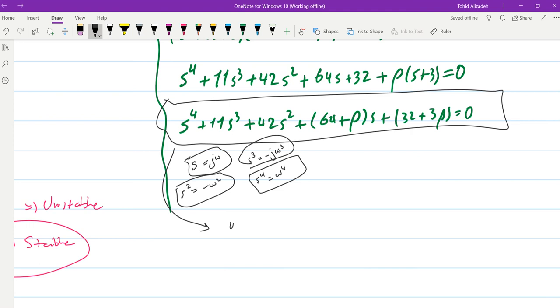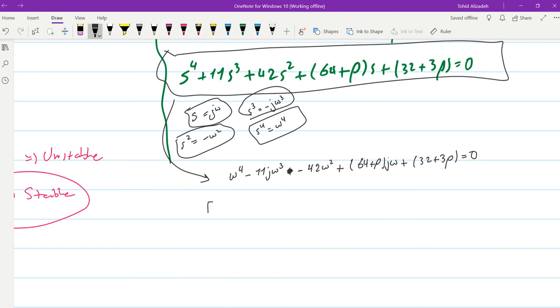So we will have omega to the power of 4 minus 11 j omega to the power of 3 minus 42 omega squared plus 64 plus rho times j omega plus 32 plus 3 times rho equal to 0.